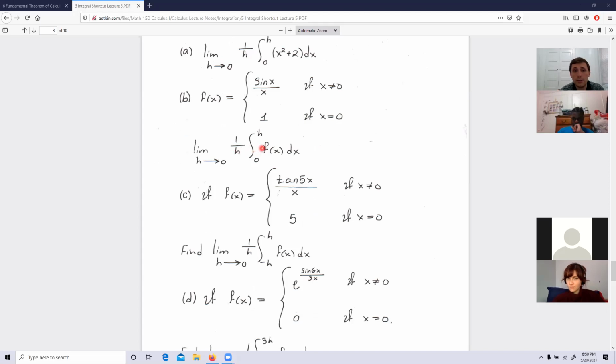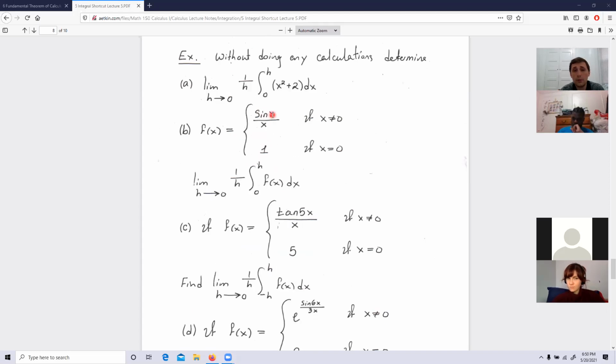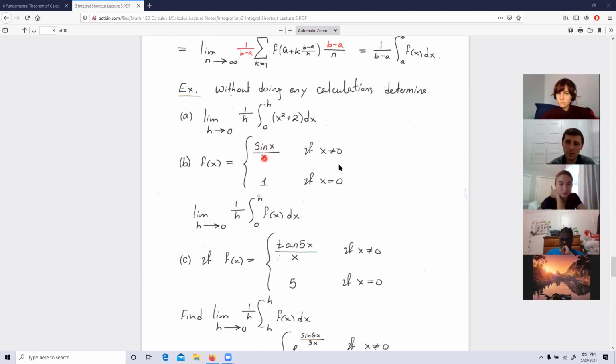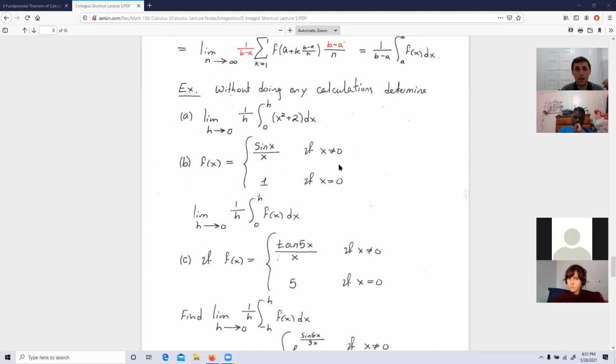Do you see why the answer is 1, guys? Because what are we averaging? If h is very close to 0, then x is not very far from 0. And sine of x over x will then be 1. So we are essentially taking an average of many, many, many 1s. And that must be 1. You see, guys, without doing any of the calculations, I just reasoned out what it must be. So this limit is 1.